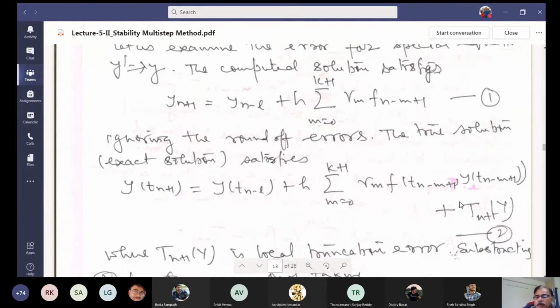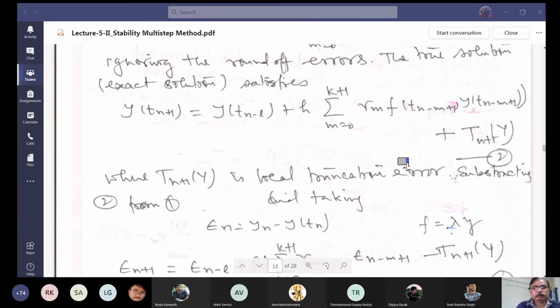So it is y(t_{n+1}) corresponding to this, equal to y(t_{n-l}) plus h times the sum of gamma_m f(t_{n-m+1}, y(t_{n-m+1})), and then your local truncation error. So this one is your method, and this one satisfies the continuous solution, where the last term is the local truncation error, right? So we'll subtract these two and just try to see.